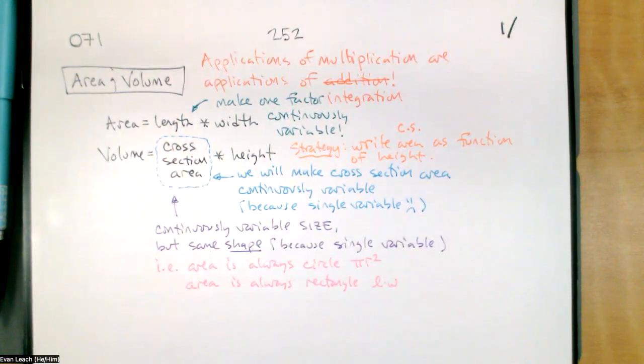Because the cross-sectional area will be variable, we don't get to multiply the area times the height. We have to integrate the area over the height by writing the cross-sectional area as a function of the height.